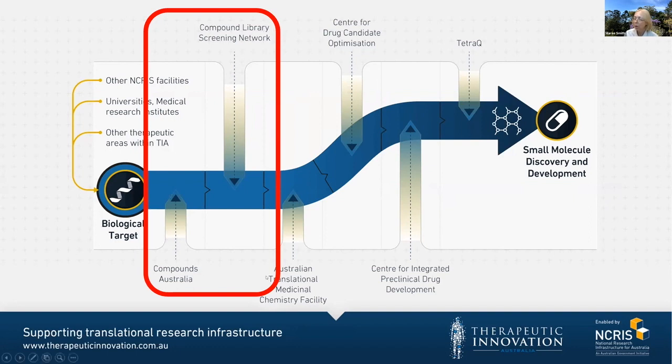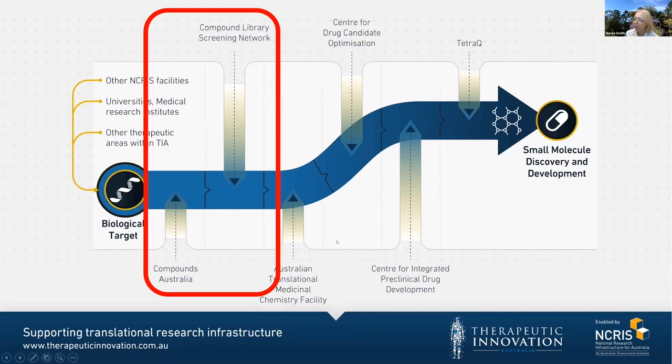And so the small molecules platform is comprised of 5 translational research centres that have complementary expertise and know-how in small molecules discovery and development. In addition to that, there is a compound screening network that I won't speak about, but Stuart will speak about immediately following my presentation.